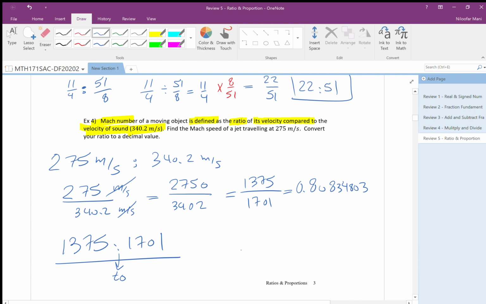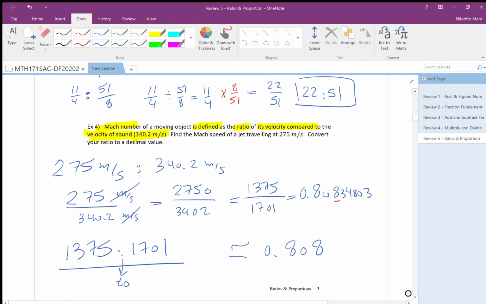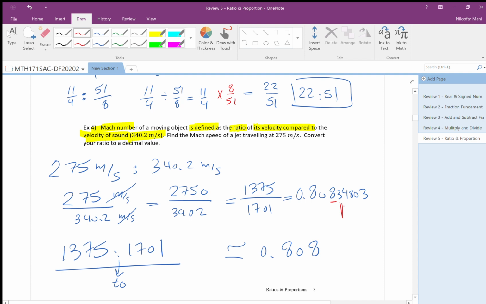Or I can show it this way, approximately, this is the answer. Okay, so approximately, I will show you this later, but you underline this and then you check this one, and because it's 3 you just keep it 0.808. Okay, we will see rounding later.